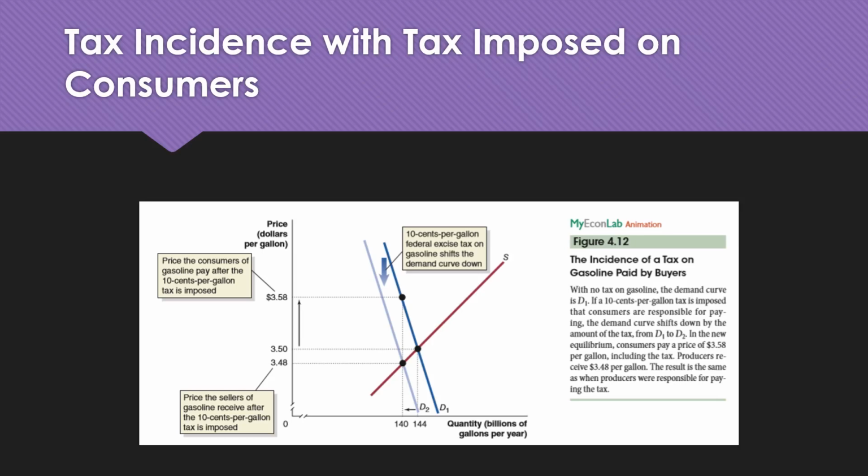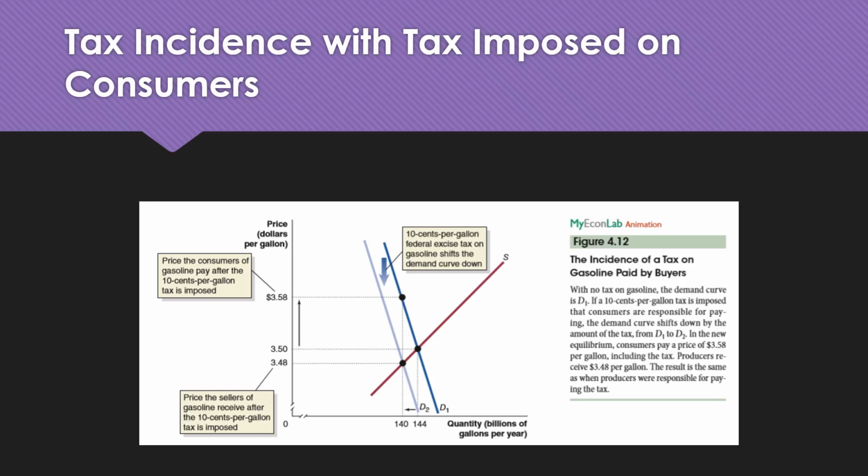So the firm is now receiving their $3.48 and charging $3.48, but the tax is going to be collected, so we pay an extra 10 cents and actually end up paying $3.58 at the tank. Essentially the firm is again paying 20%, households are paying 80%.